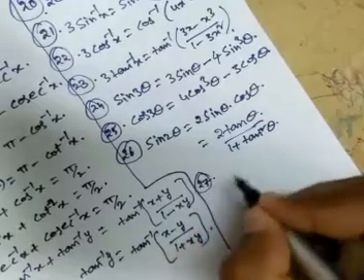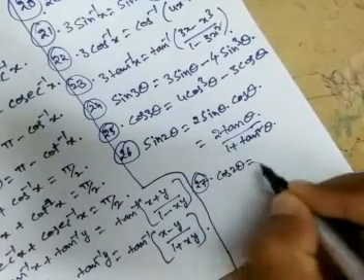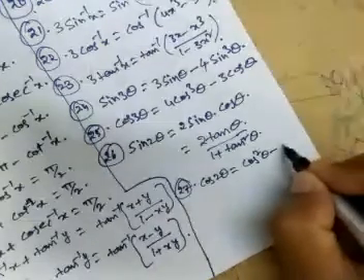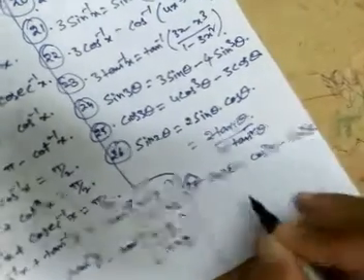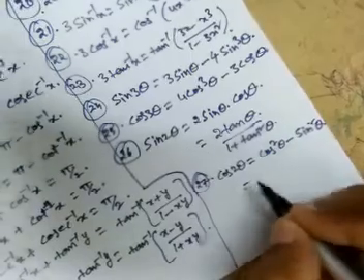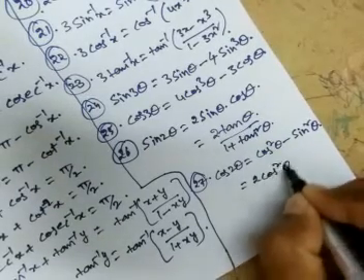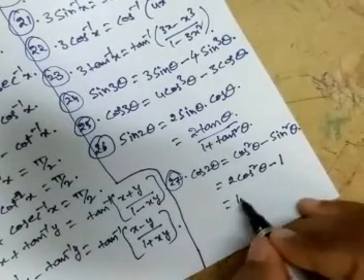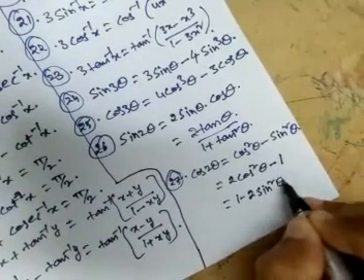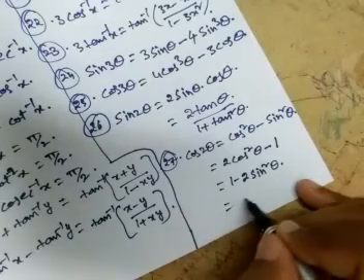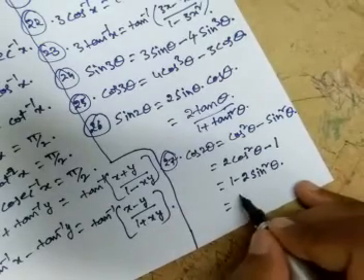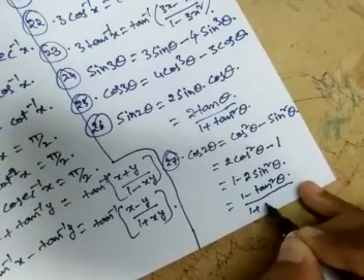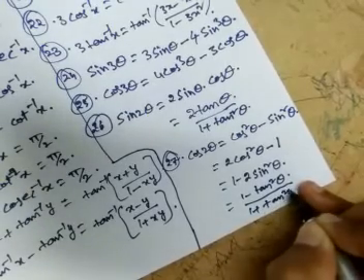Next, cos 2 theta equals cos square theta minus sin square theta, and 2 cos square theta minus 1, and 1 minus 2 sin square theta, and (1 minus tan square theta) by (1 plus tan square theta).